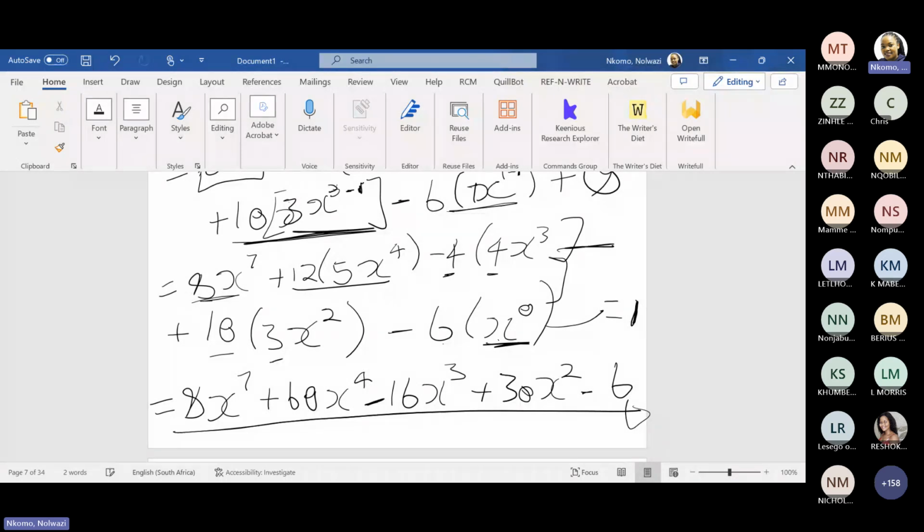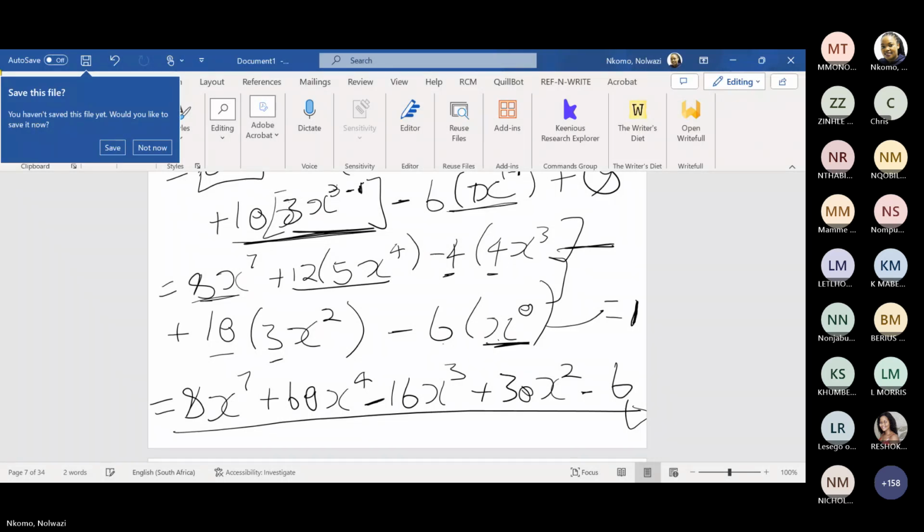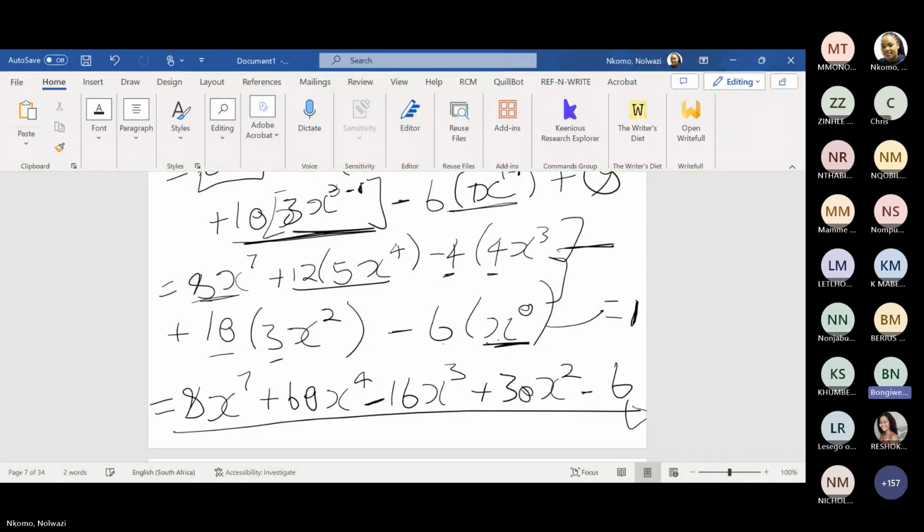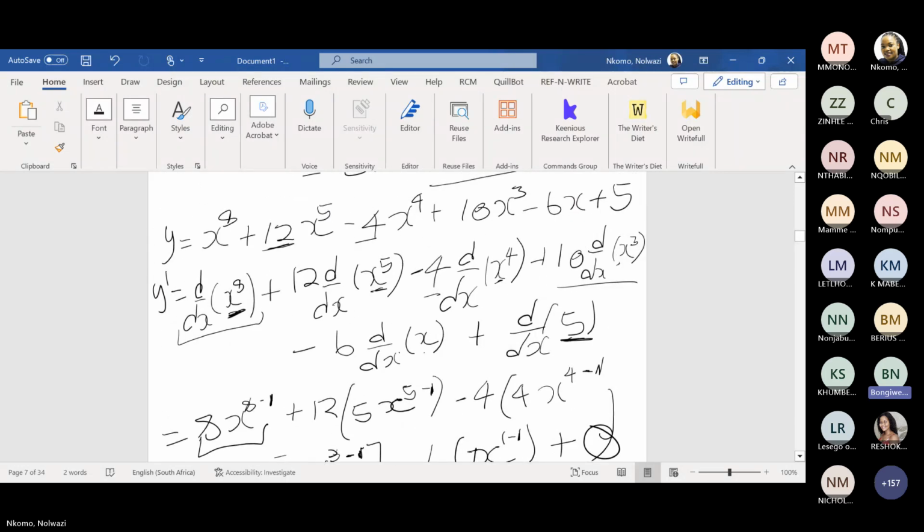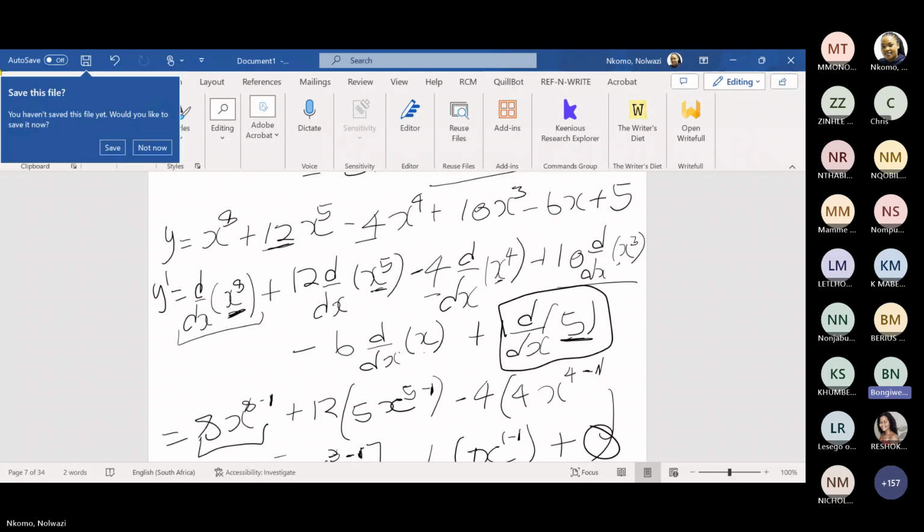Ma'am, I just wanted to ask. Where you started separating, the last one you said plus d/dx of 5, and then in the following line, is it plus 0 at the end?